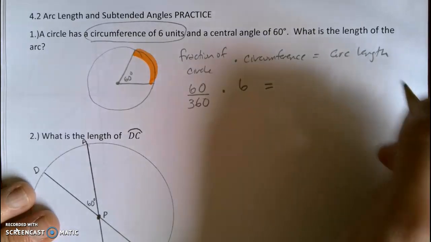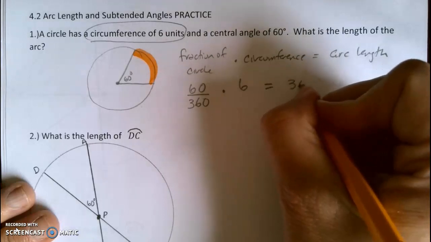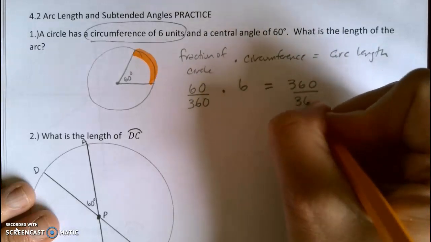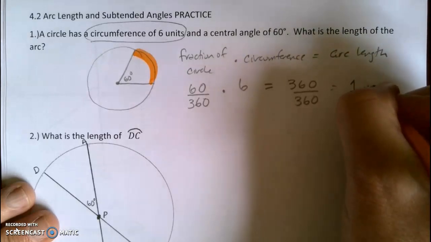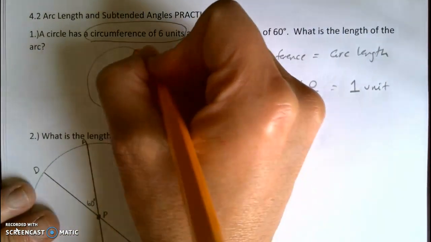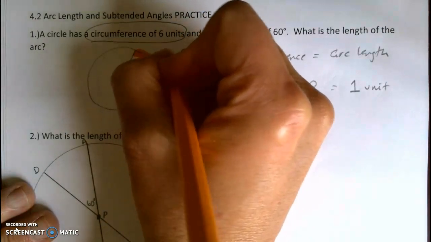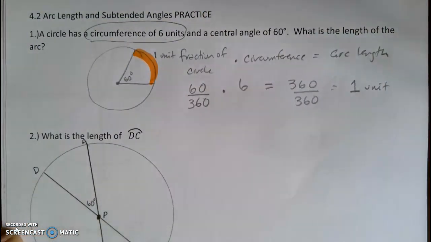So I'm going to actually end up with 360 over 360, which is simply 1 unit. So this would be 1 unit, which makes sense. It's 1/6 of 6, which is 1.